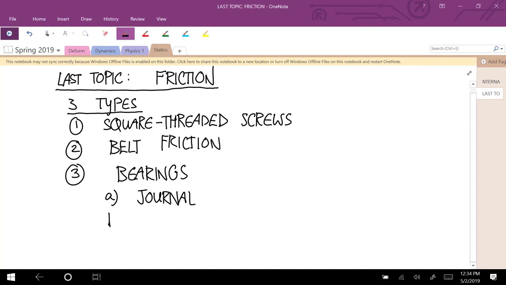And the second type is thrust bearings. None of these are going to take super long. We might be done with all of these possibly by the end of Tuesday. And then that's the end of material in this class.